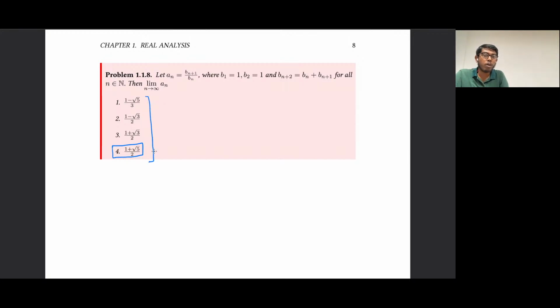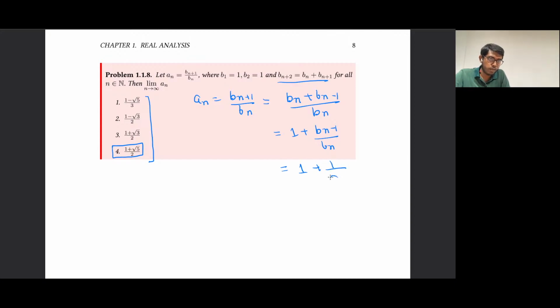So of course you can write a_n equals to b_n plus 1 by b_n, and this is equals to what? From this I can write b_n plus 1 as b_n plus b_n minus 1, divided by b_n, which is equals to 1 plus b_n minus 1 by b_n, and this is equals to 1 plus 1 by a_n minus 1.